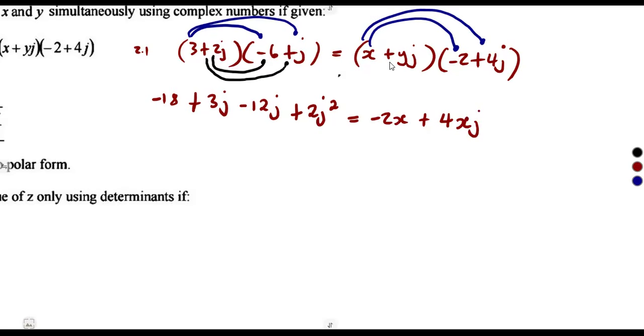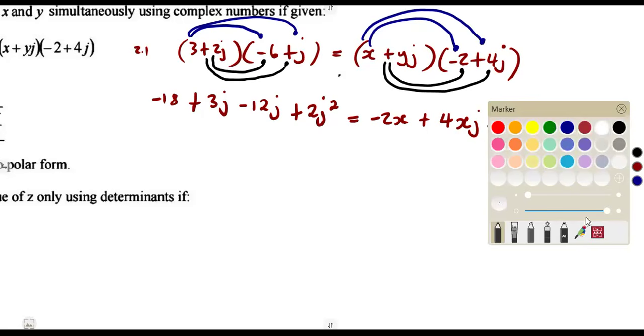Then we move on to the part of yj times negative 2. That was going to be negative 2y, followed by a j like that. Then this part of yj and this, you multiply. That's positive, positive. So that was going to give us 4y, so it was going to be positive 4yj squared.